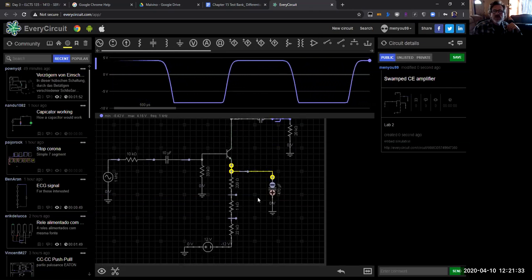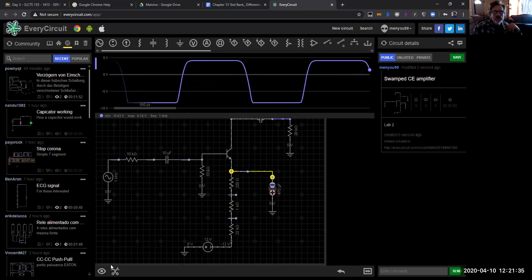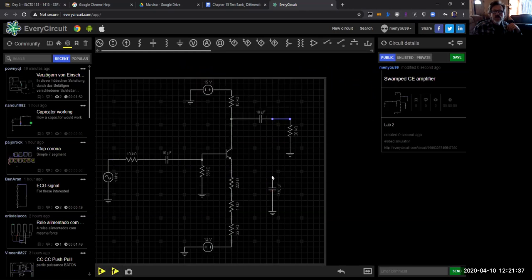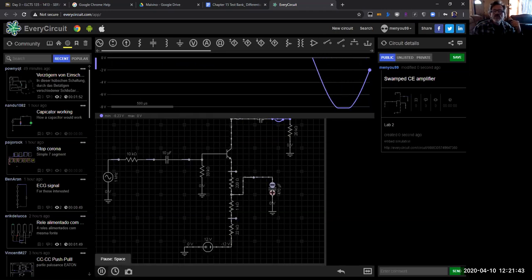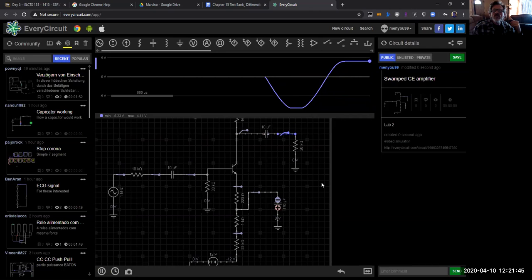So let's take a look at what happens if we move the position of this capacitor. Now you notice we still are experiencing clipping, but not as severe.